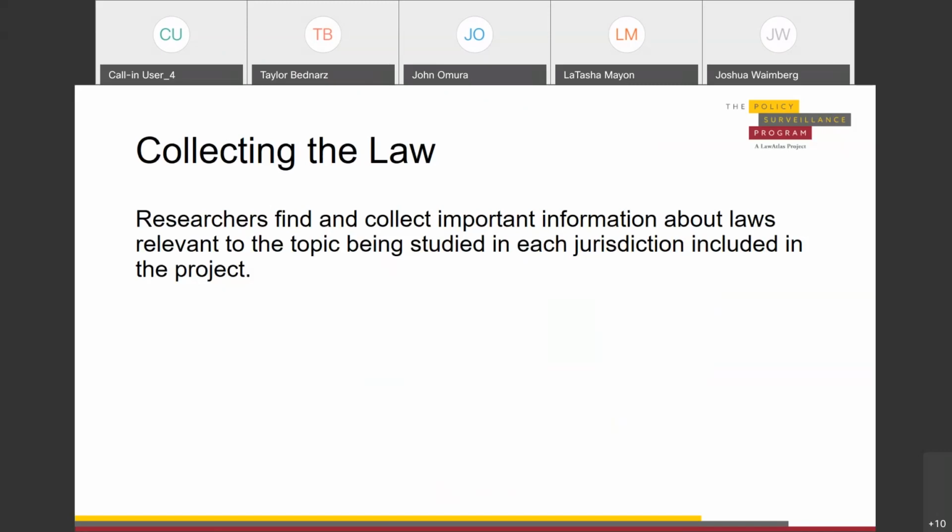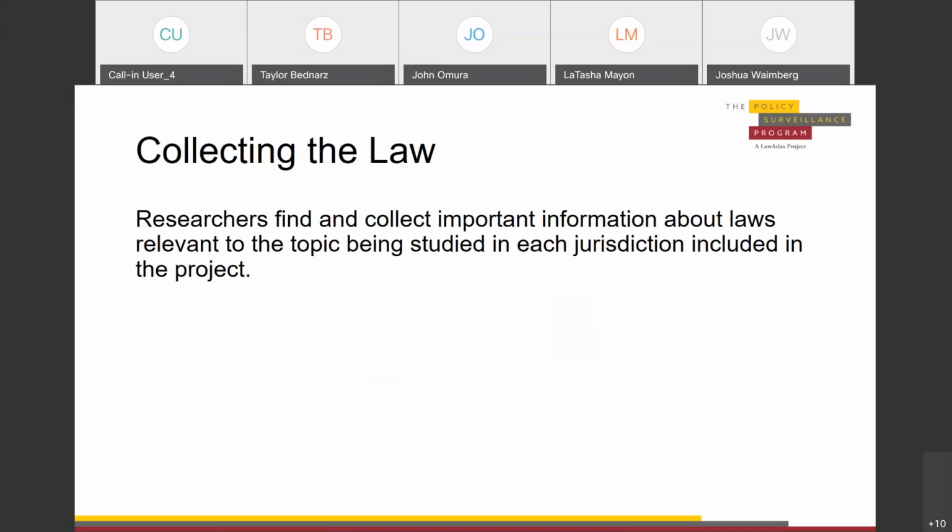The goal of this is to collect important information about each law relevant to the topic being studied in each jurisdiction included in the project. The legal text is a term that you'll hear us use often here, and the legal text is the text of all the laws that are relevant to your project's topic in each jurisdiction.